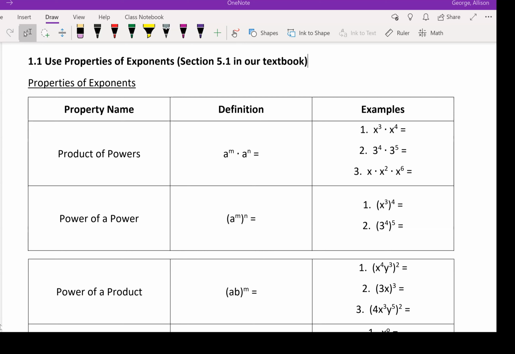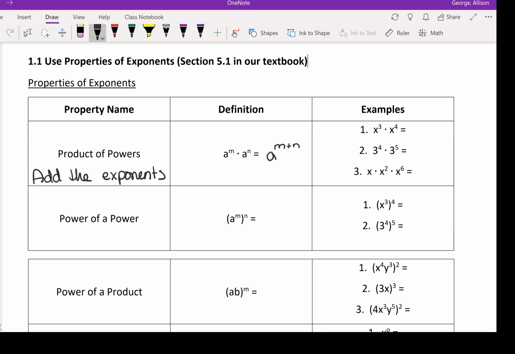First, I want to go through the different properties and say what they are. I won't ever ask you for one of these properties by name, but you do need to be able to use them. The first one, the product of powers: we're going to add our exponents. So a to the m times a to the n equals a to the m plus n.